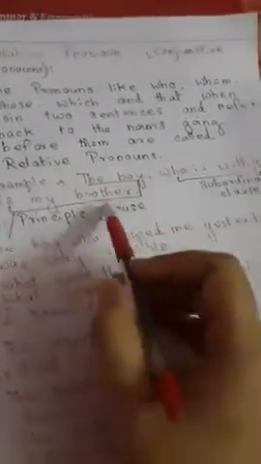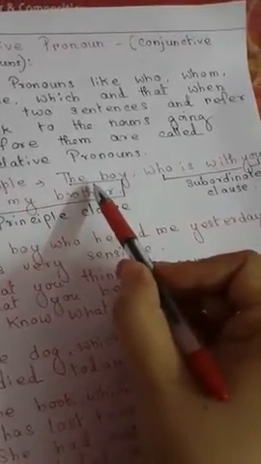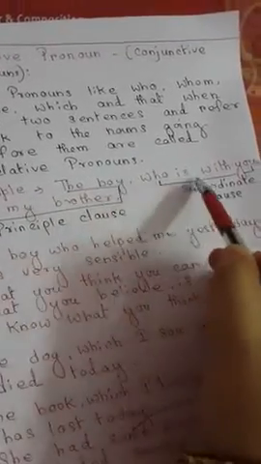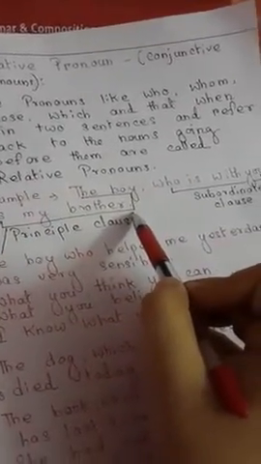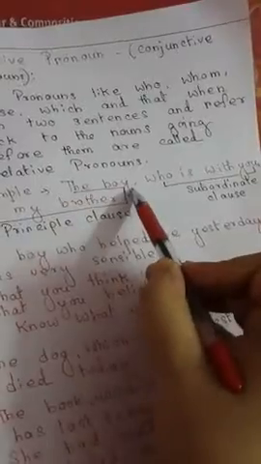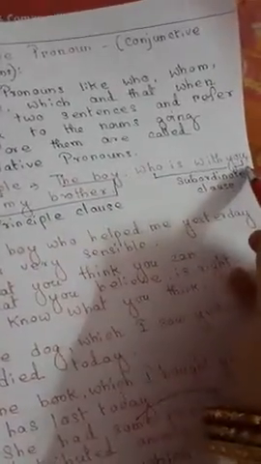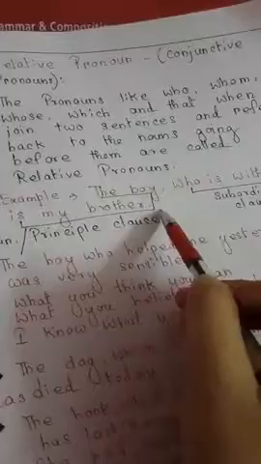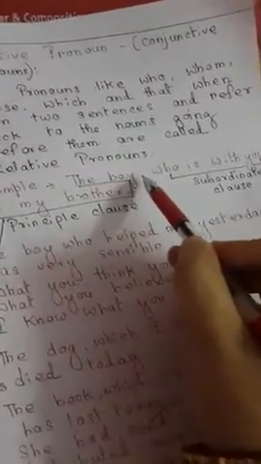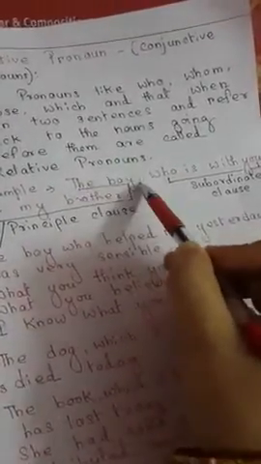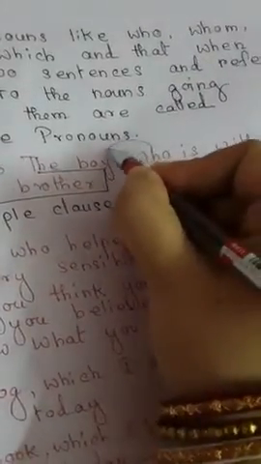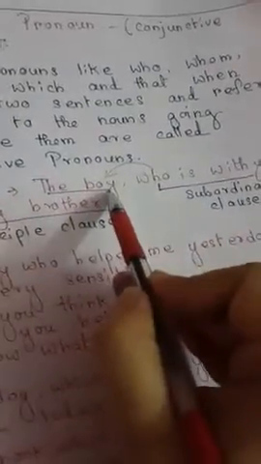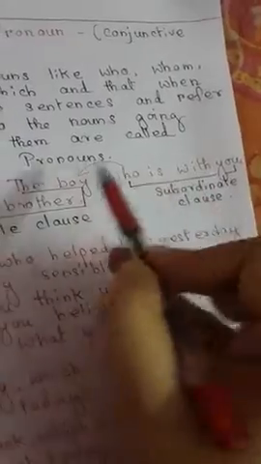For example, the boy who is with you is my brother. Here I have put a comma after boy, and this relative pronoun is related to this noun boy, right? The boy who is with you.